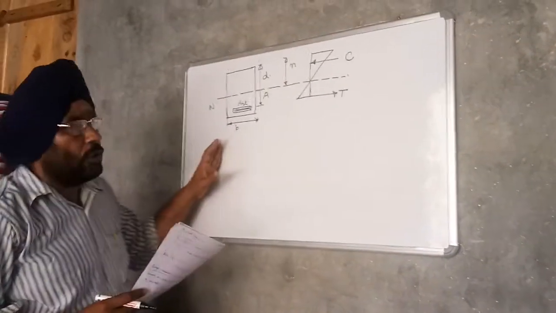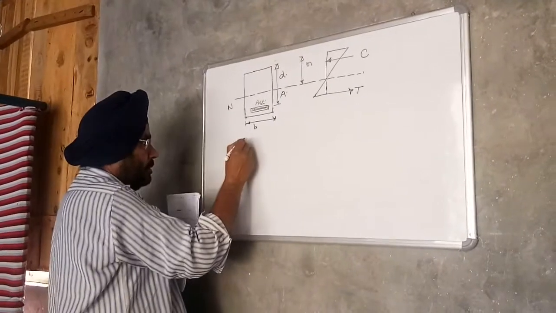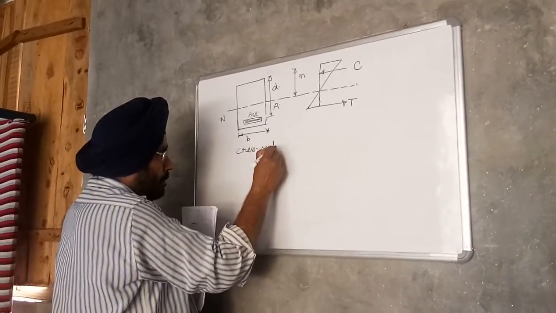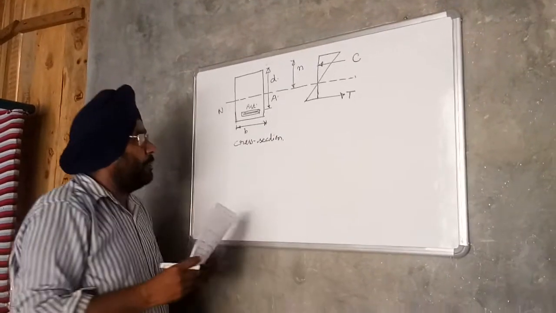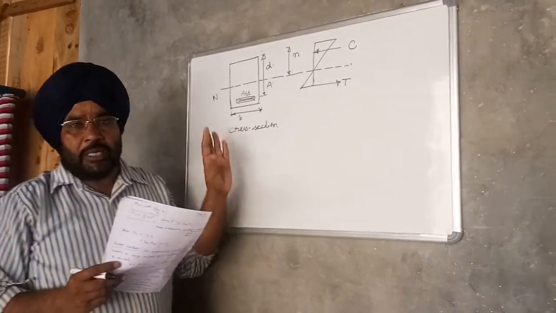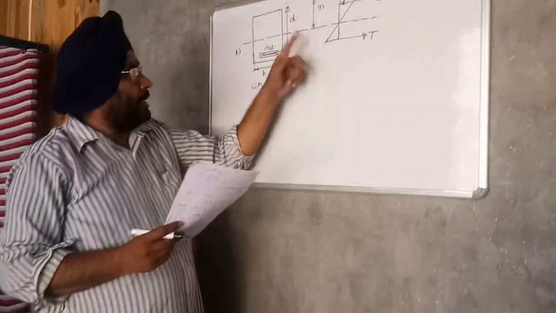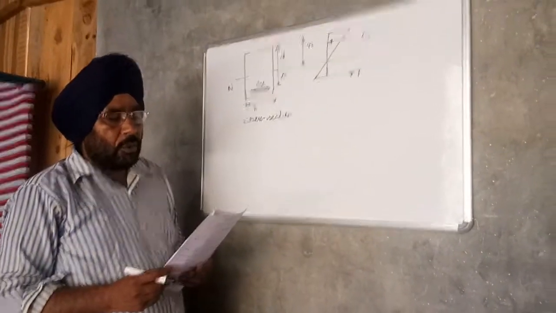So this is the cross section of the beam. B the width of the beam section, small d the effective depth of the beam section, AST the cross sectional area of the steel in tension, and N is the depth of the neutral axis from top.